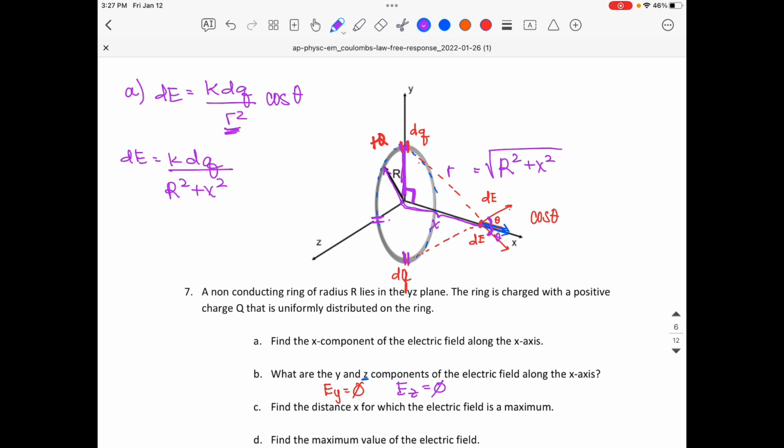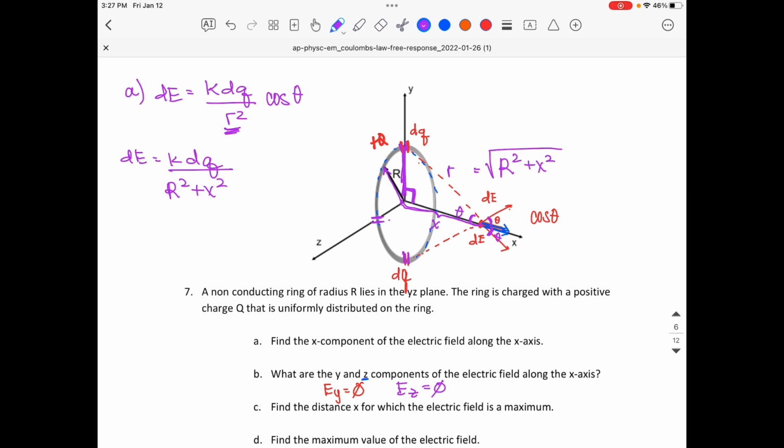The pieces of charge we're taking are on opposite sides of the symmetric ring. So the thetas are going to be equal for the top and the bottom angle, and then based on interior angles, this angle has to be equal to that angle.